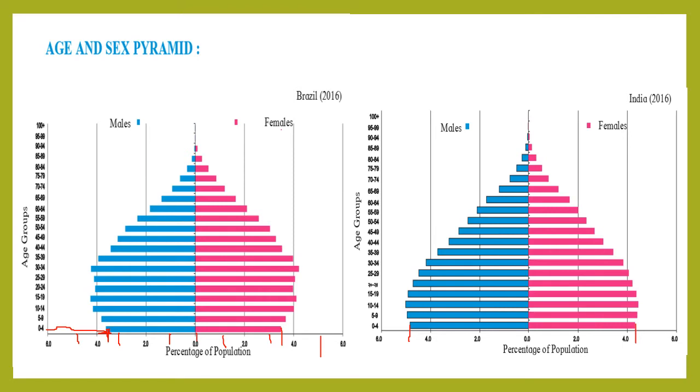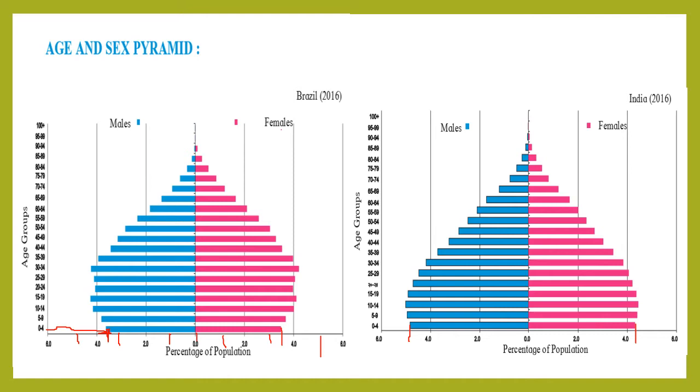If we compare both graphs, India and Brazil, we can find that the population of children is more in India, and in Brazil the population of children is less, but the older people's population is more.